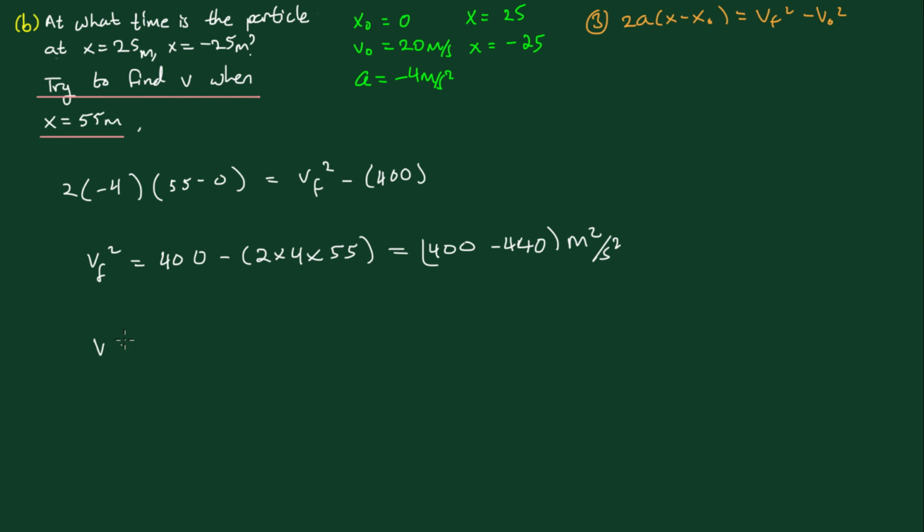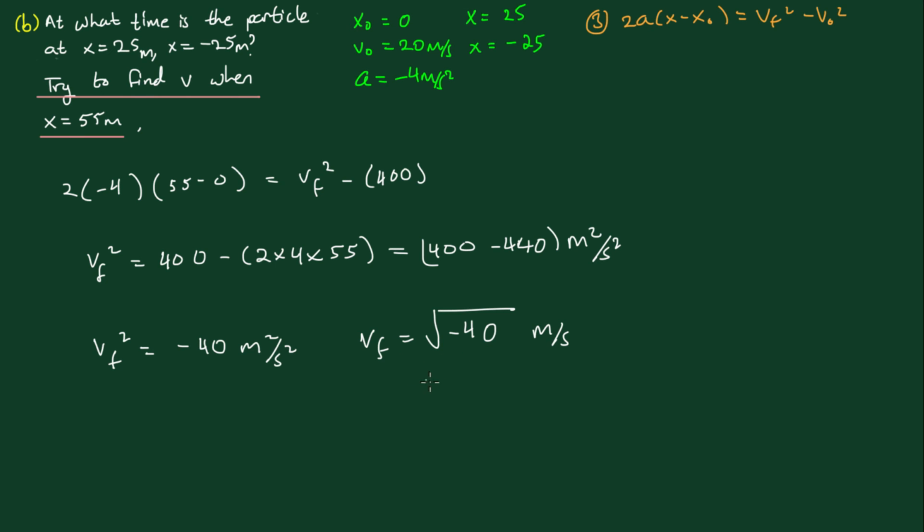That gives us vf squared is equal to negative 40 meters squared per second squared, which means that our final velocity, vf, is equal to the square root of negative 40 meters per second.